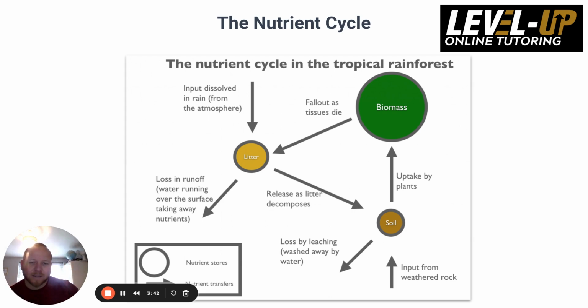The decomposers like the worms, the maggots, the fungi will break that litter down, and all the nutrients that were once inside the biomass, the plants and animals, which are now in the litter, get released into the soil. Then the roots of those new plants in the forest absorb those nutrients, and the cycle starts again. So this is called the nutrient cycle.